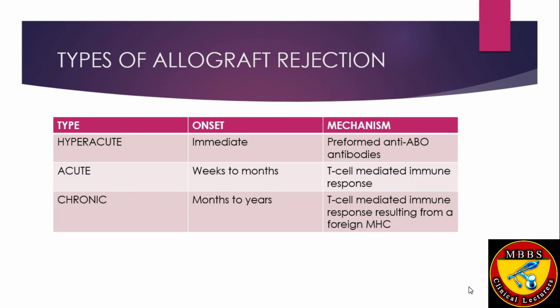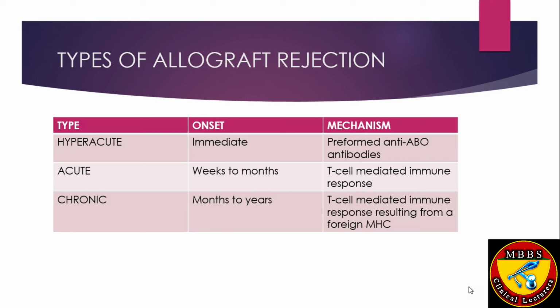Now allograft rejection is also of three types: the hyperacute, acute, and the chronic. The hyperacute means the immediate rejection of the graft, and it is because of preformed antibodies directed against the donor tissue, such as anti-ABO antibodies.